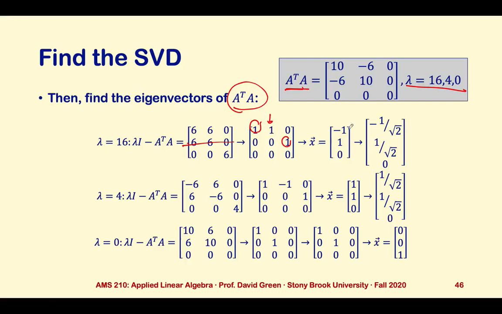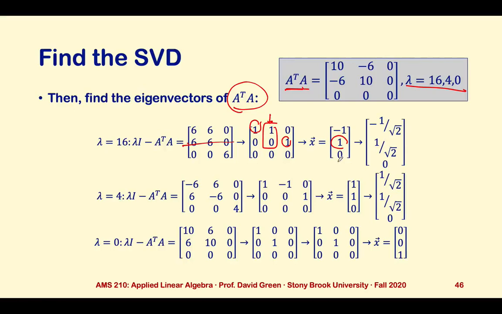We get our special solution to the homogeneous system described by this coefficient matrix by setting our free variable equal to 1 and reading off the pivot entries from the corresponding column, negating them: negative 1, 1, 0. This is a special solution. This does not have a norm of 1.